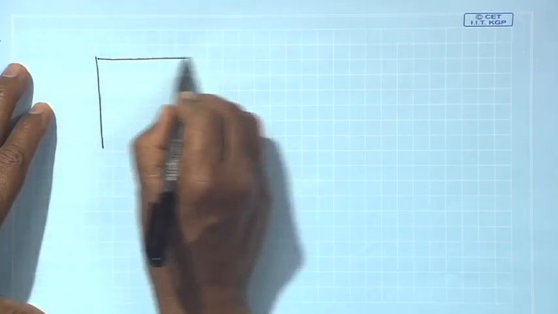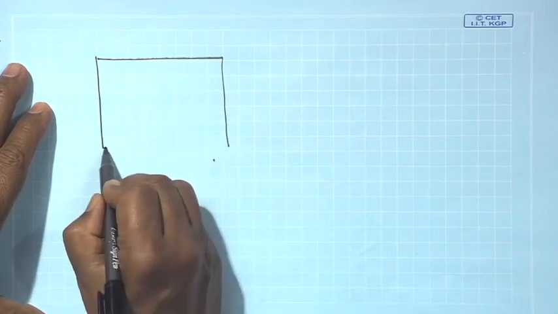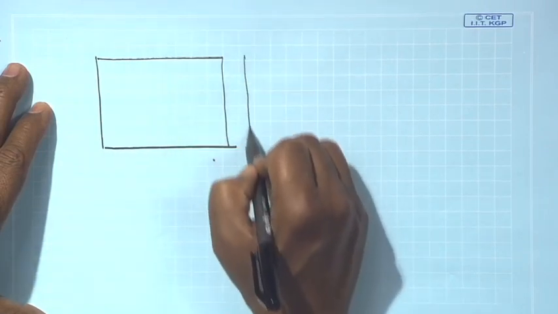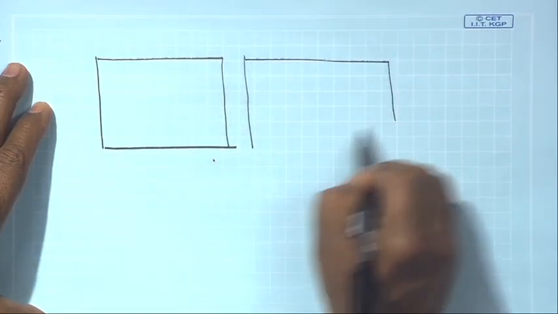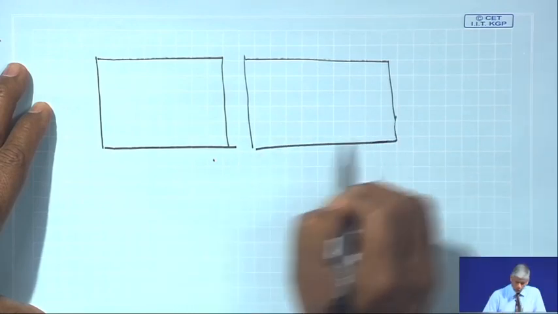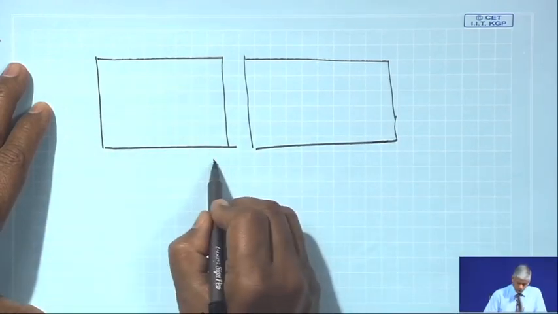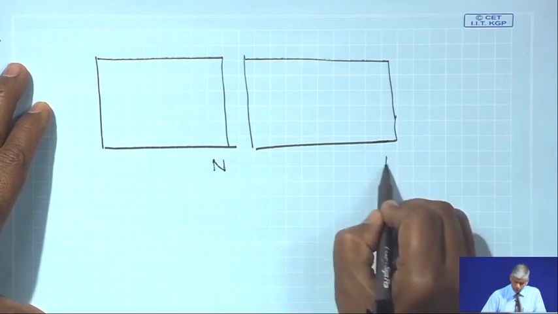Now, another possible error in FFT is what is known as a leakage error. See, for example, when we did FFT on a window of block, we took a window of n data points.